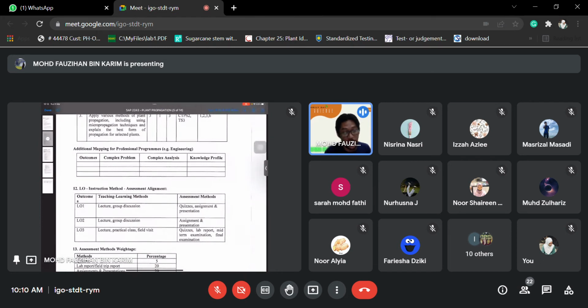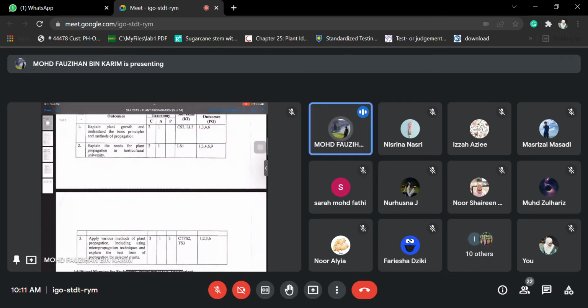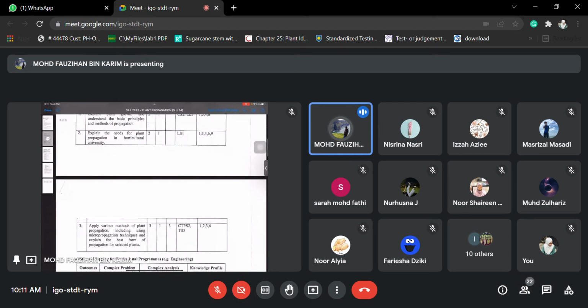Okay, so you don't have to worry about that. Okay, means that soalan semua, okay, assignment ke assessment, any assessment will be based on those three learning outcomes. So make sure you understand these three learning outcomes.